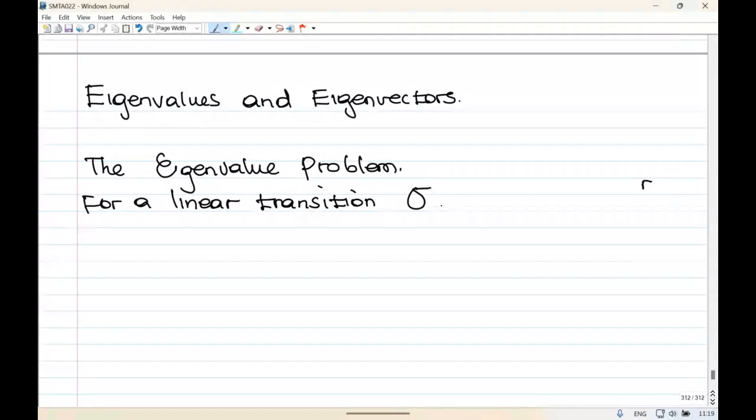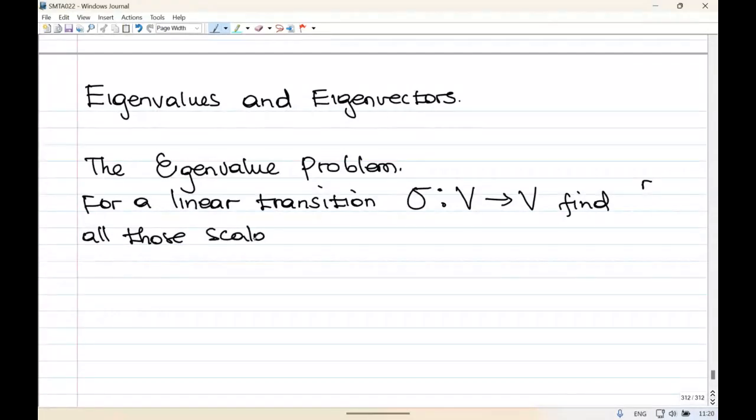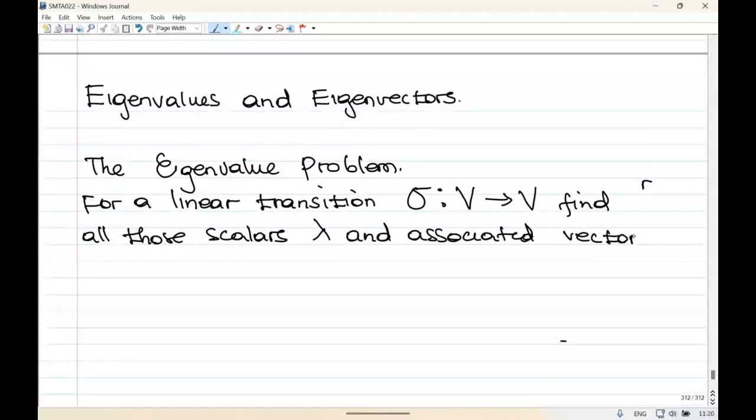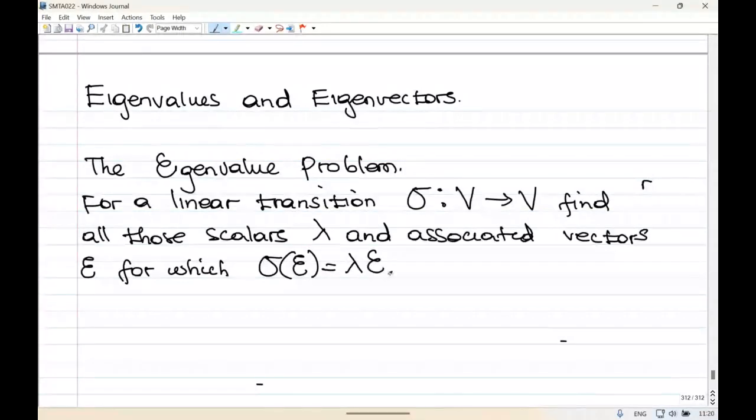Let's say our map is this sigma that takes vector v to vector v, and then find all those scalars, let's say our scalars is this lambda, and the associated vector, for which sigma of this is equal to lambda of this.